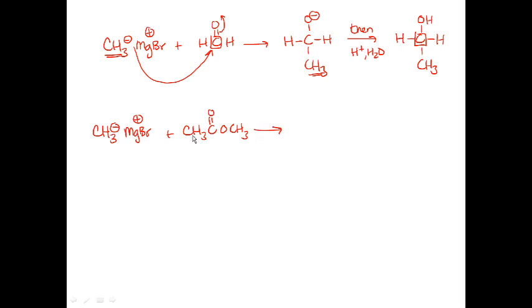Our carbon is electrophilic, the CH3 minus comes in and adds to the carbon, the double bond of the carbonyl goes to the oxygen, and so we form an alkoxide, and we've added our CH3 group, and we have our O and our CH3 group here.